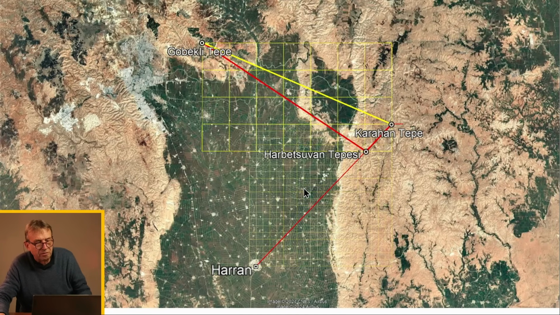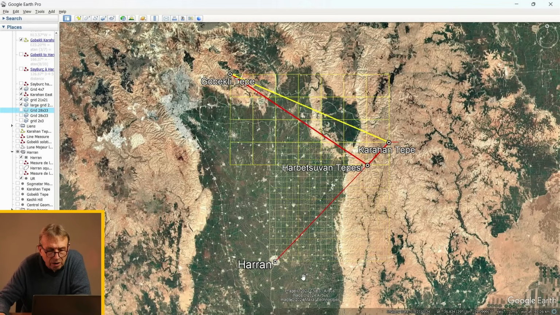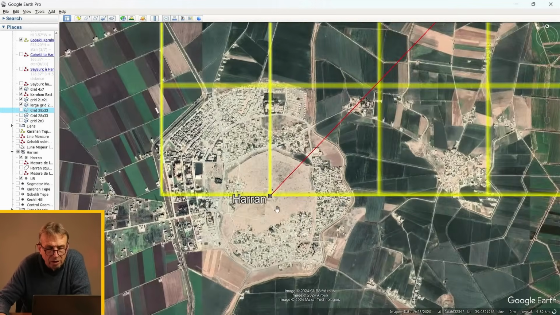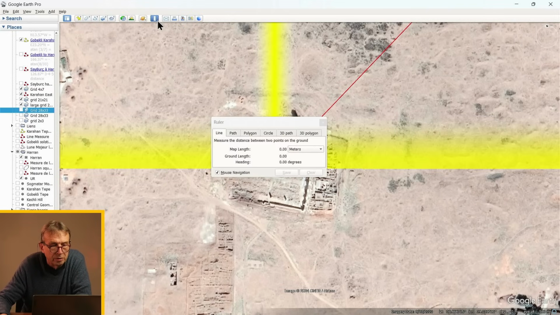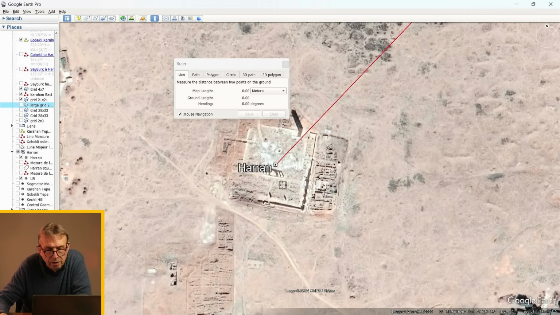So if we go now to Google Earth, I'll just show this to you on Google Earth. So we can zoom in here on Google Earth to Harran. And I'm going to put a point in here in the center. And now I've got a grid on there which I can take off to start off with.